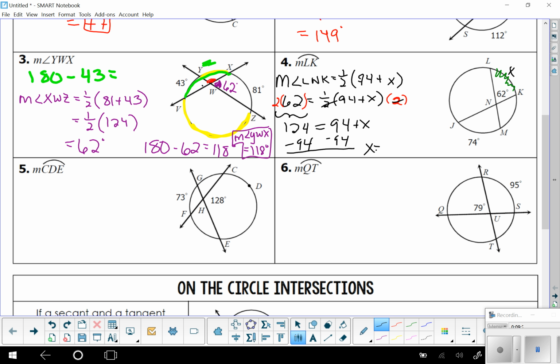And X equals 50 degrees. So the measure of arc LK is 50 degrees. Very nice. Number 5, the answer is 183, and this one is 107.